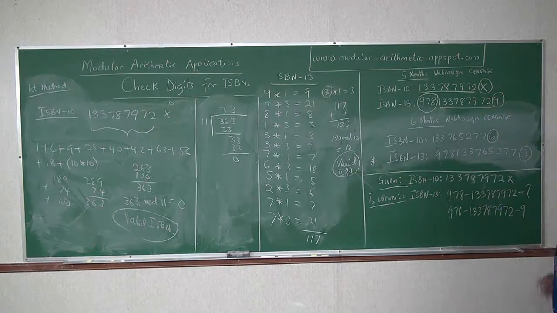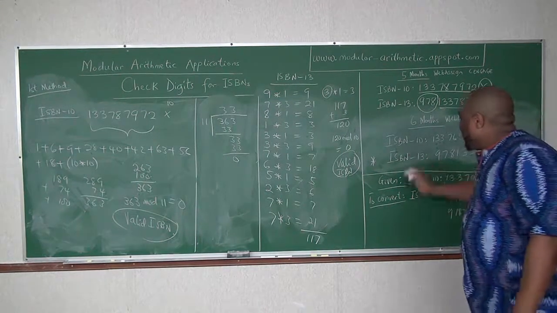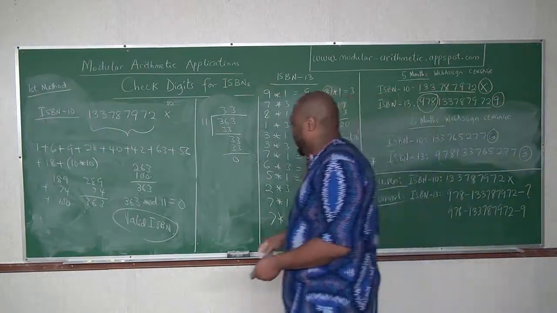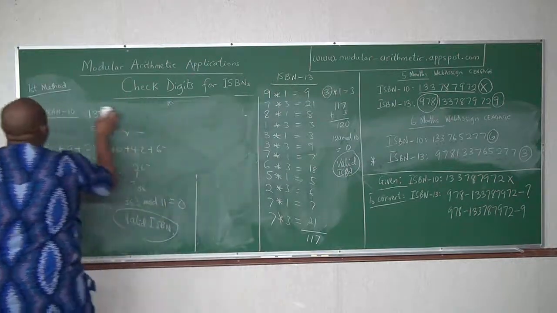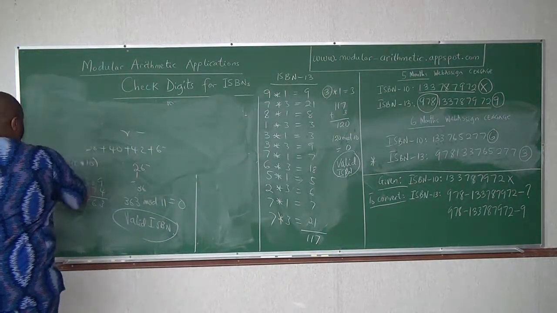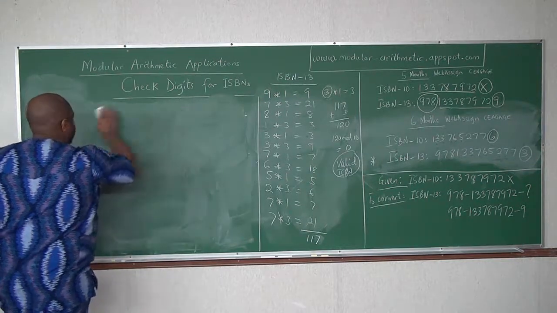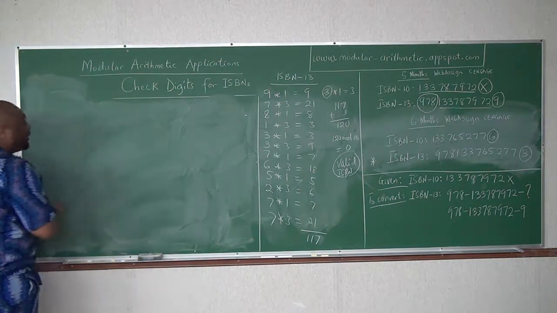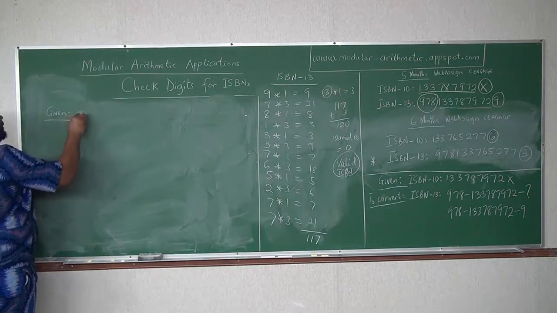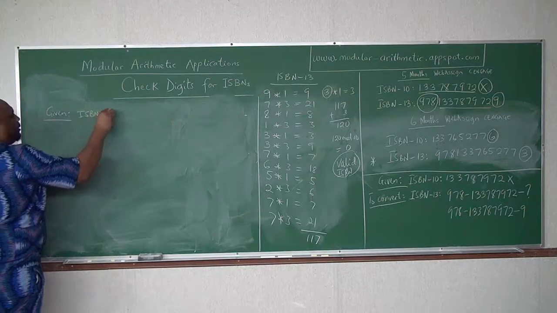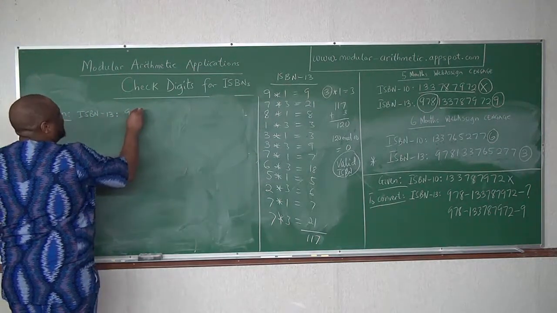Okay? Now, the second one, if you're given ISBN-13 to convert to ISBN-10, you have a 978.